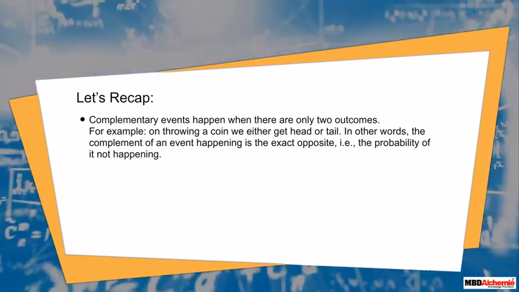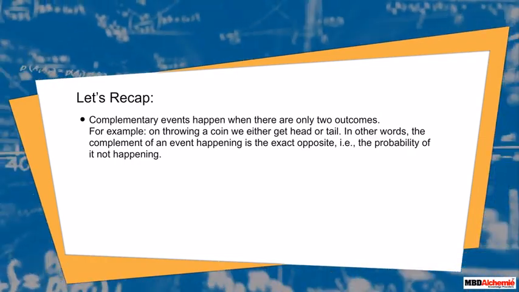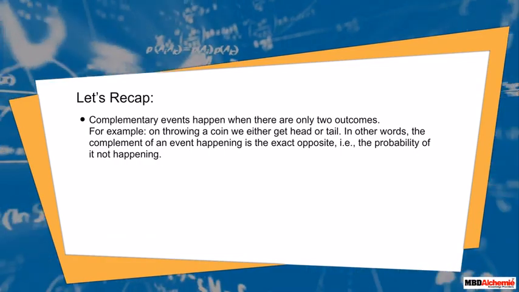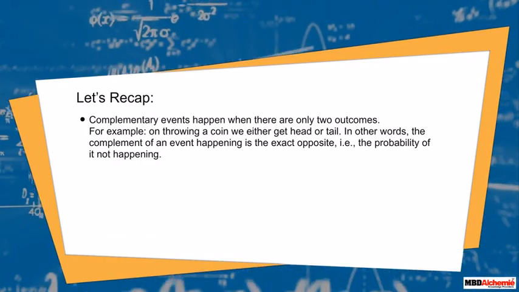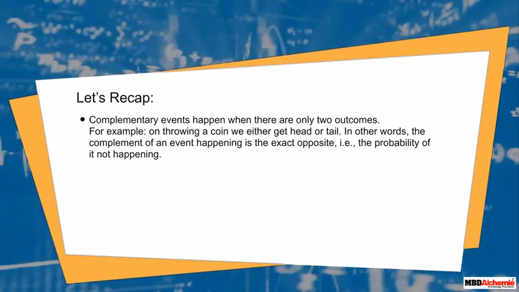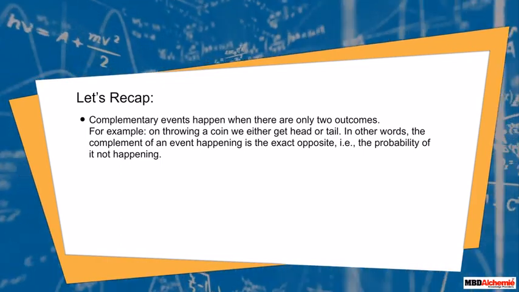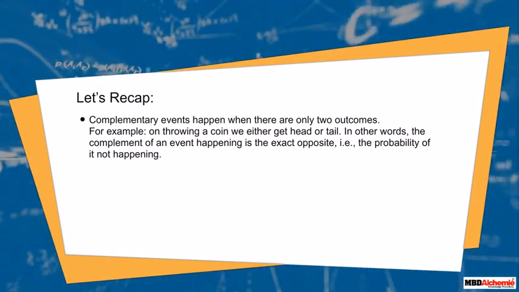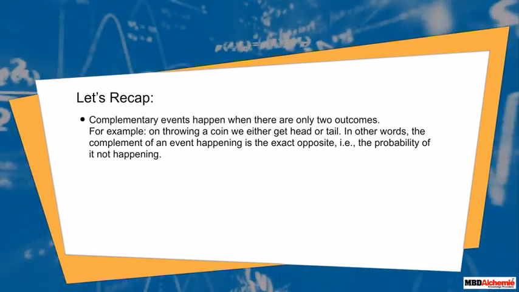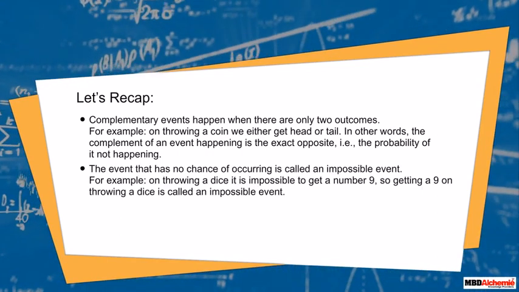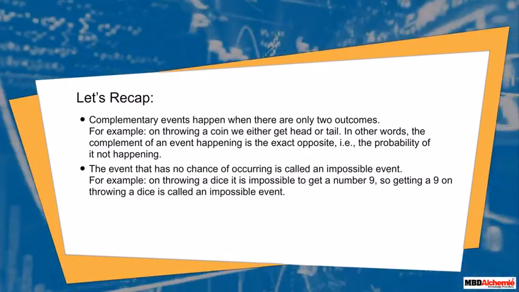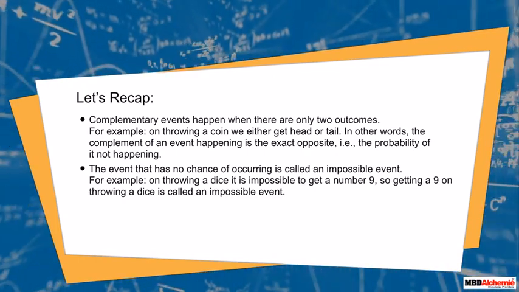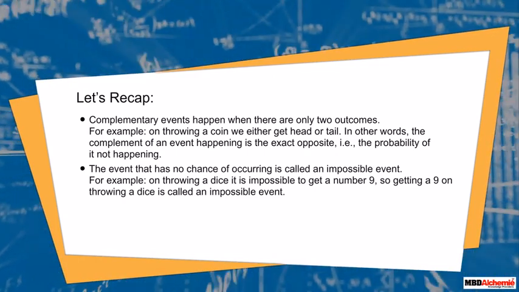Complementary events happen when there are only 2 outcomes. For example, on throwing a coin, we either get head or tail. In other words, the complement of an event happening is the exact opposite, that is, the probability of it not happening. The event that has no chance of occurring is called an impossible event.